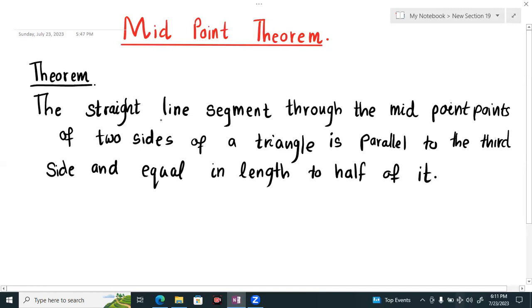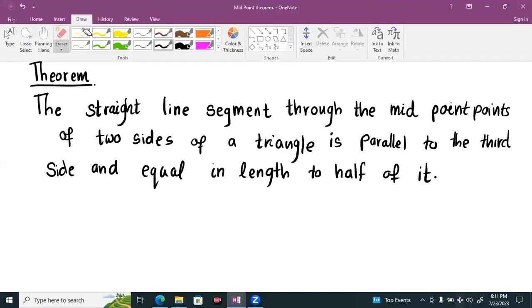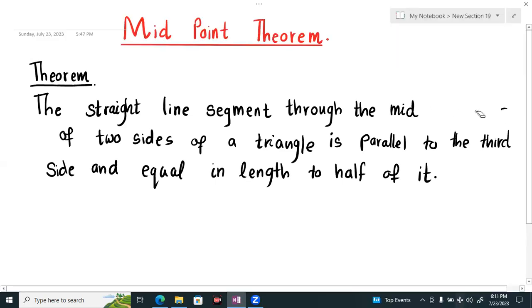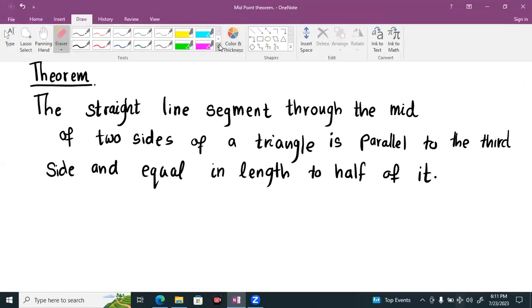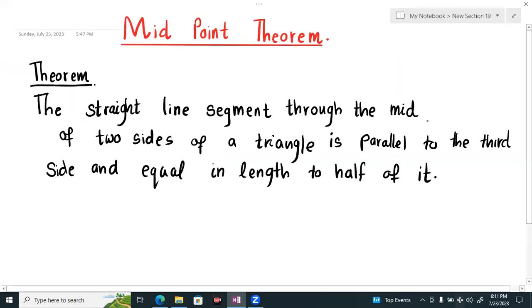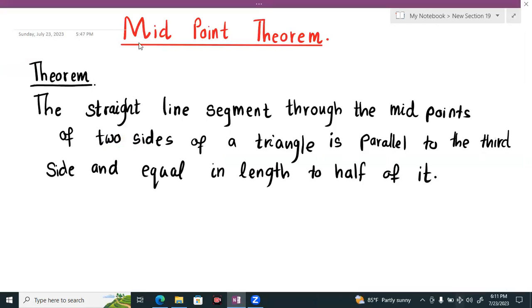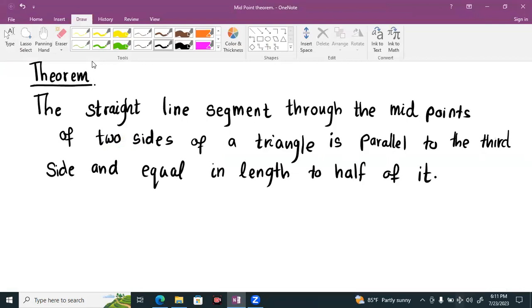Okay, this is what the midpoint theorem says. It says the straight line segment through the midpoints of two sides of a triangle is parallel to the third side and equal in length to half of it. Okay, I will explain this using a diagram.